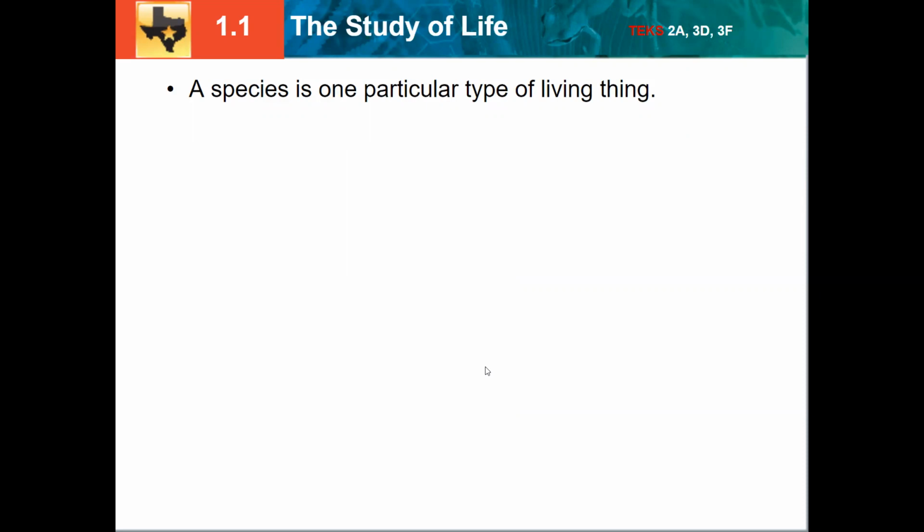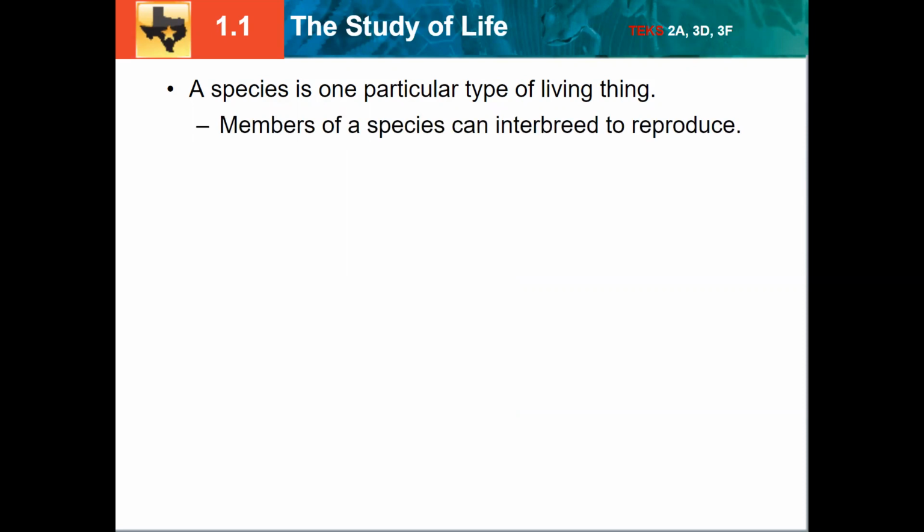And when we talk about diversity, we talk about the number of species that we have. A species is one particular type of living thing. Members of a species can interbreed to reproduce, but if two different species breed, they produce sterile offspring. An example would be a donkey and a horse, which can breed and produce a mule, but does anybody know something about a mule that's a little different from a donkey or horse?